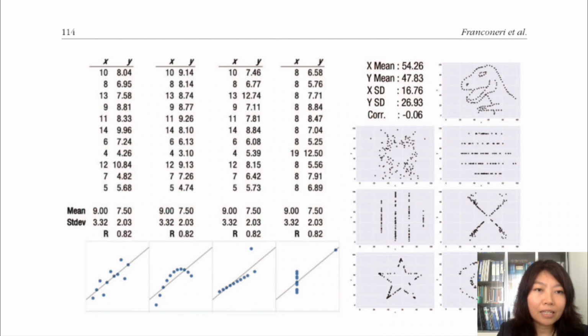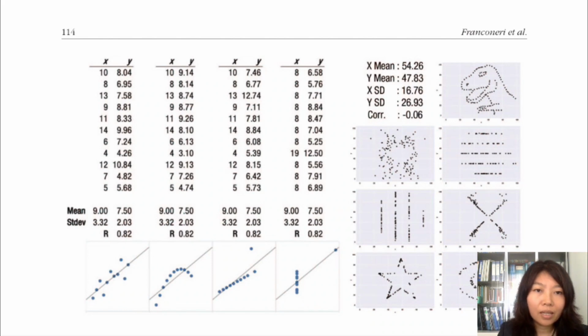Here we can see that there are 4 groups of data, and the statistical analysis is exactly the same. But if we draw the dot plot, we can see the difference between the 4 groups of data. And here, with the same numbers, when we draw the dot plot, we can even draw a dinosaur.